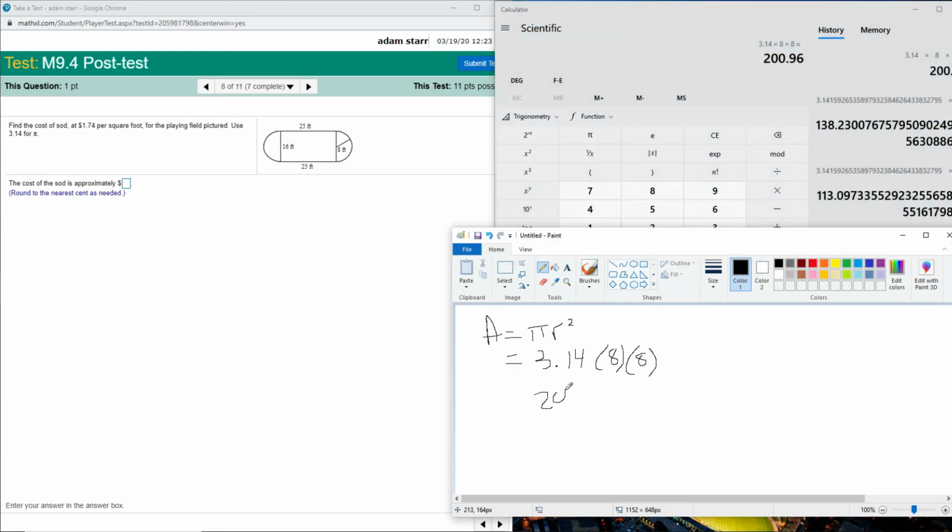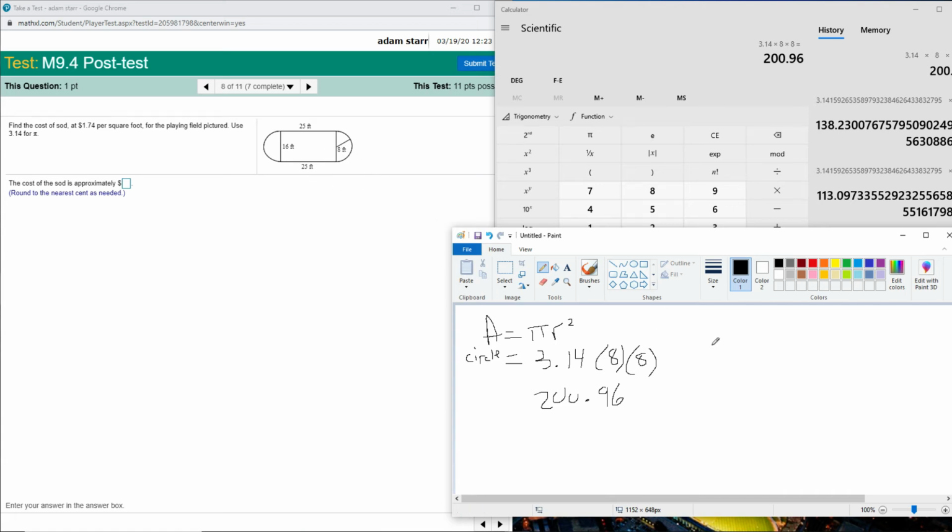This is 200.96. And I do not want to round this number yet. I don't want to round until the very end if I need to. So I'm keeping this as 200.96. That is the area of my circle. It's the two semicircles together, which is why I did not have to divide by 2 here.